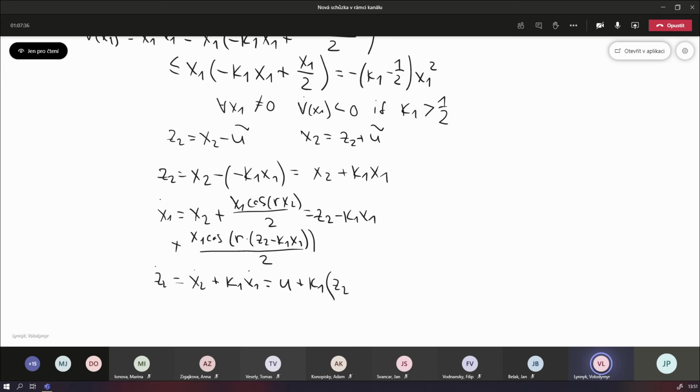This is z2 minus k1 x1, plus this term x1 cosinus r and z2 minus k1 x1 divide 2. Something like this.